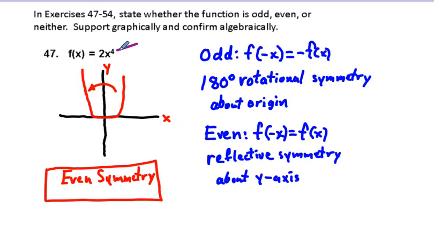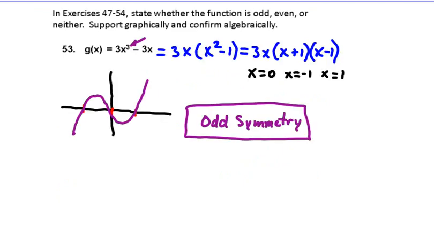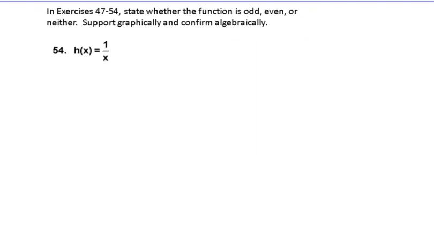We have an even power. And so you're going to see some correspondence that way. Okay, as for 54, I'm going to quickly explain that this 1 over x is the same as x to the -1 power, if that gives you any kind of clue.